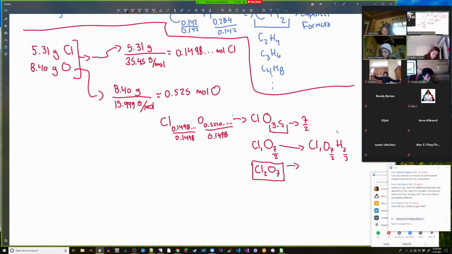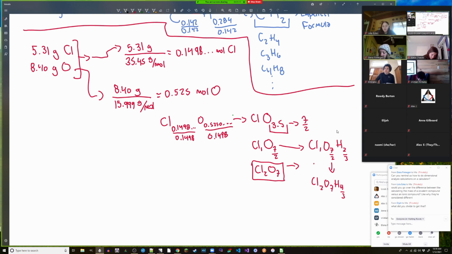But I have 2 fractions here. So it's not that much more work. I would do the same thing. I'd multiply by the 2 for all of these to get rid of this denominator. And then I'd multiply by the 3 to get rid of this denominator. So for the first one, it would go Cl2O7H, what would that be? 4/3, right?